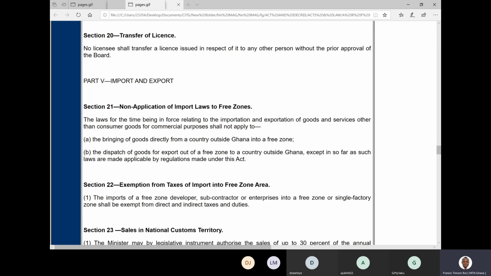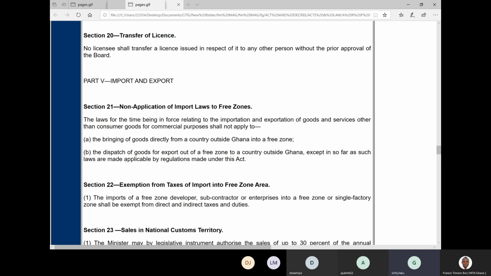23. Sales in national customs territory. Section 1.